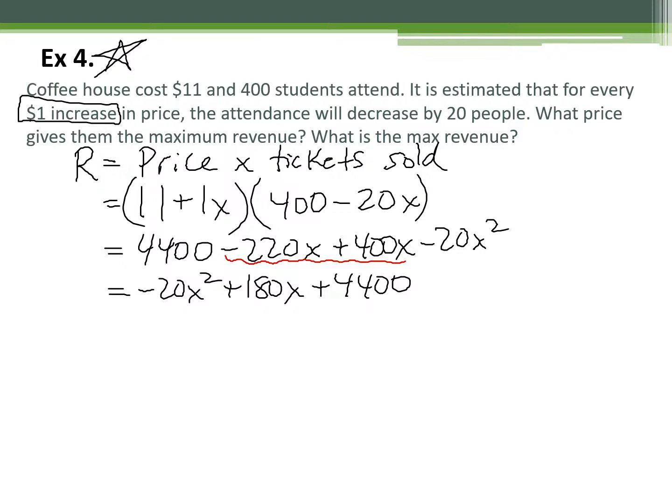From there, how do you know what to do? Again, looking for keywords, we see maximum. I need the vertex. How do I get the vertex from standard form? Complete the square. First things first, factor out the negative 20, which gives us x squared minus 9x.